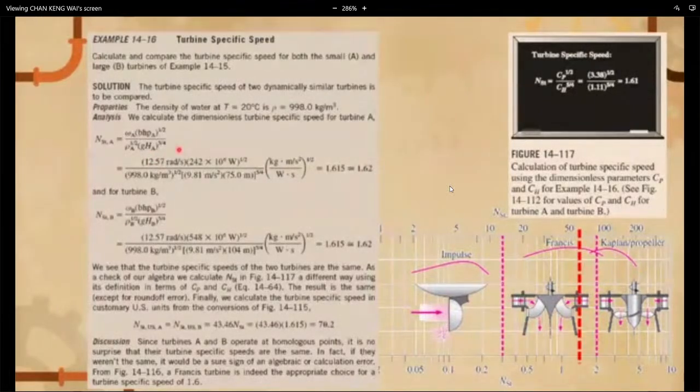You need to make sure that all the units you use, especially for the specific speed, are in the correct unit. If you put in the RPM here, then you will get a wrong answer. The RPM is applicable for the US unit calculation, but not for the normal calculation.